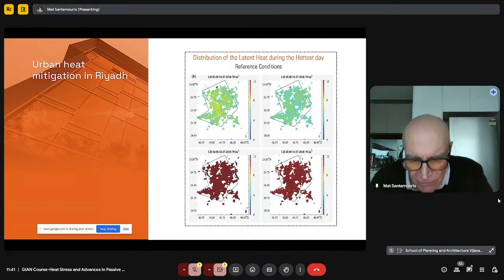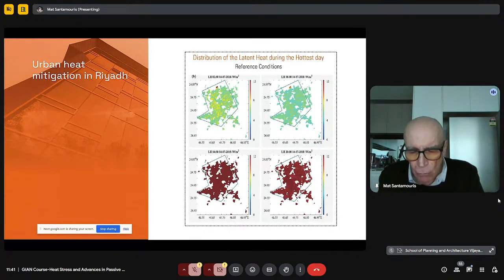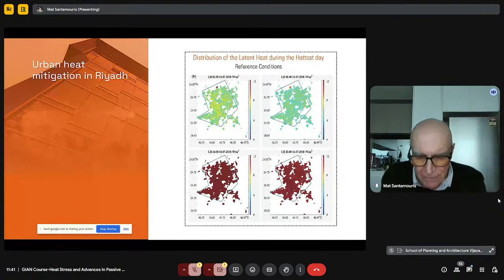The mitigation strategy should be very clear and based on one principle: let's decrease the gains, let's increase the losses. But to do that, you have to know where the gains are, the reasons behind the gains, the characteristics of the gains, where the losses are, the reasons behind the losses, and the characteristics of the losses.